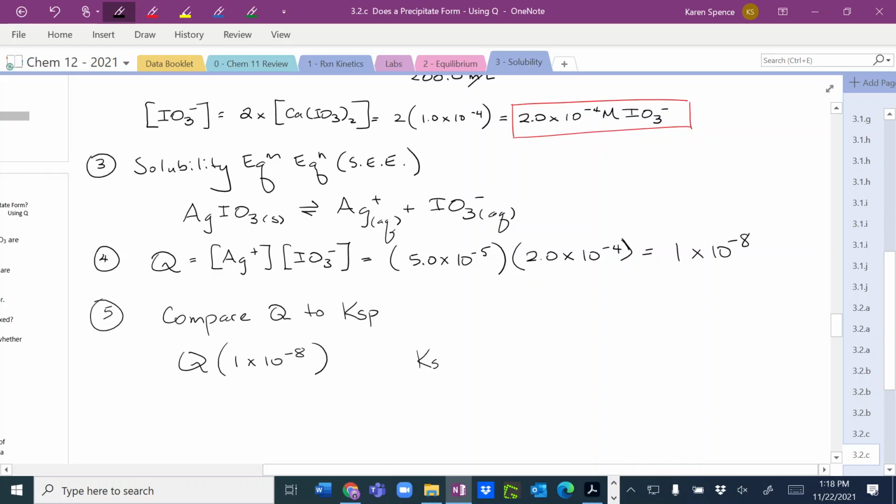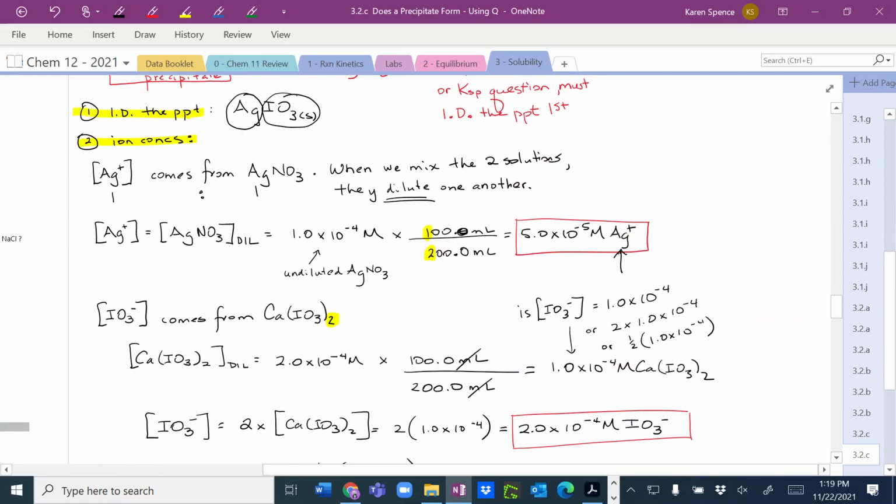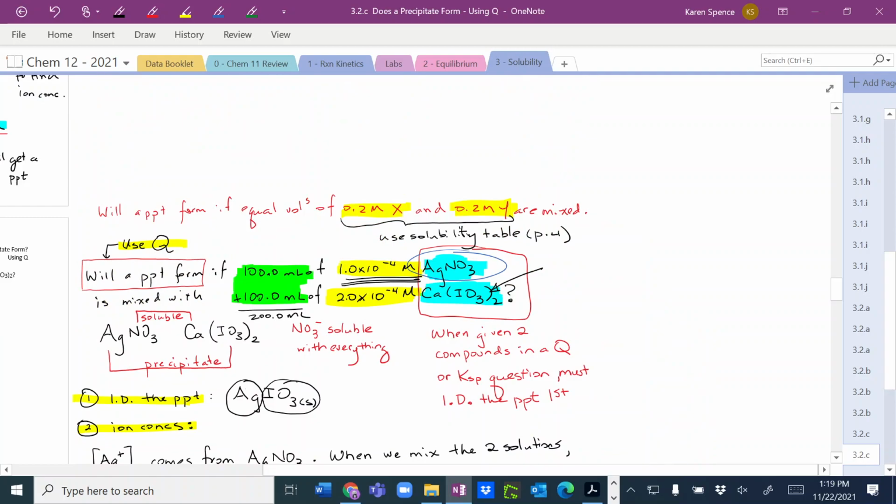And Ksp for silver iodate, I don't know what that is. And it doesn't tell me in the question. What do I do? Figure it out. Well, I'm not given enough data to figure it out in this question, so what could I do?